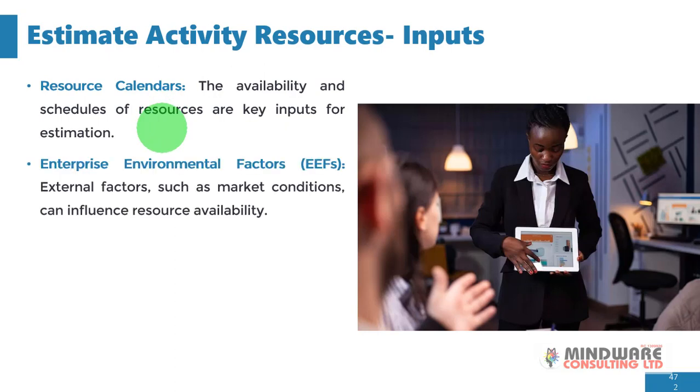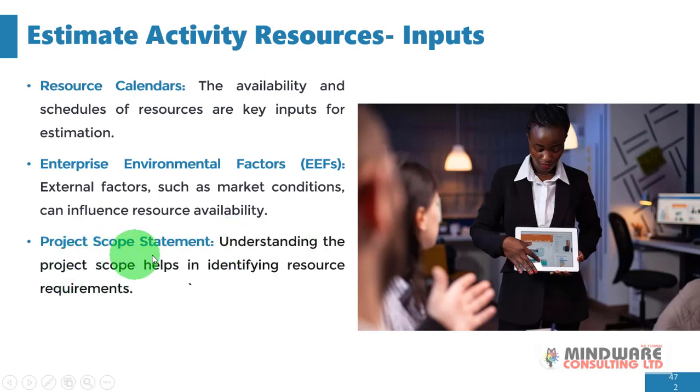Next is the enterprise environmental factors. These are external factors such as market conditions, and they can influence resource availability. So you need to have this in perspective, so as to know how and when the resources that you need for your project will be available.